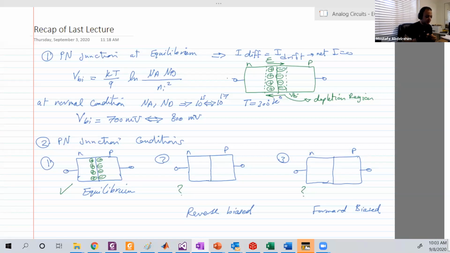We also derived an equation for this built-in voltage, the built-in potential that is created because of these two electrodes in what's called the depletion region, the region that has no current carriers, no holes or electrons, just ions, and ions are static, they can't move.